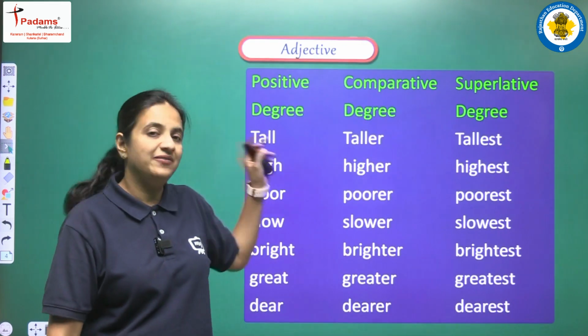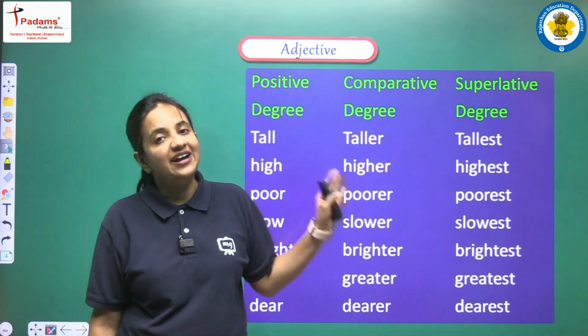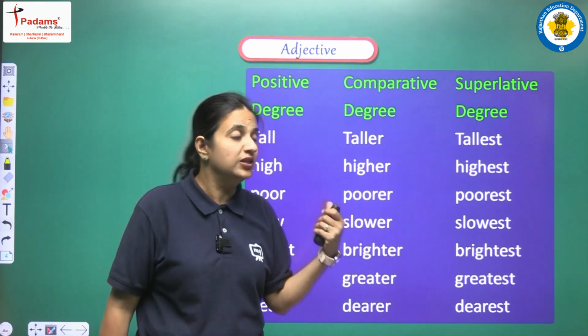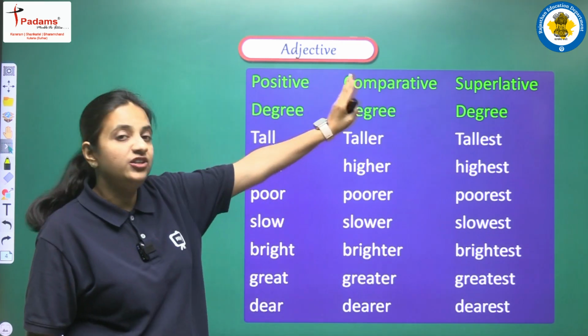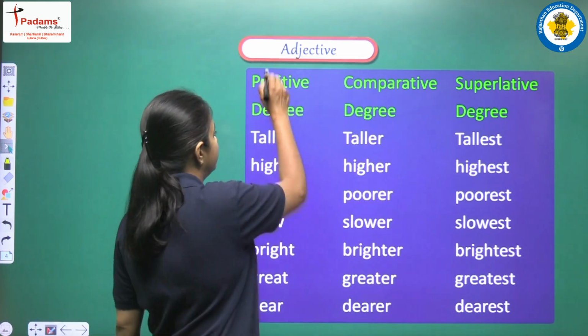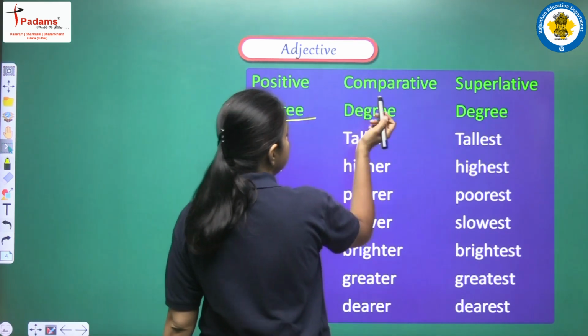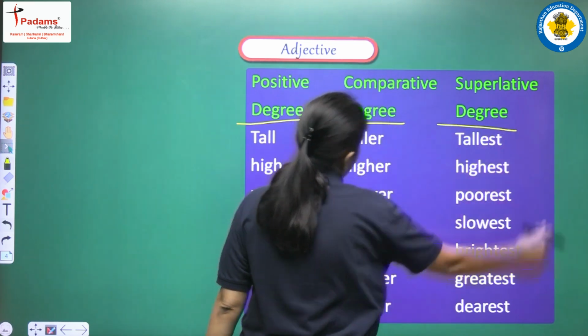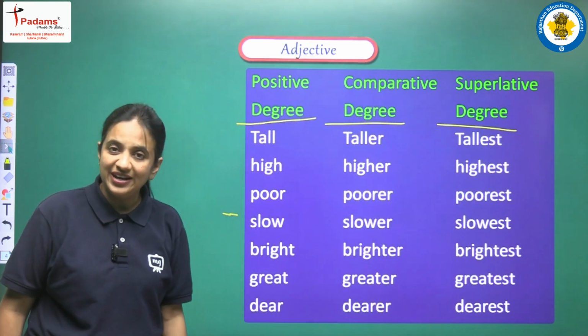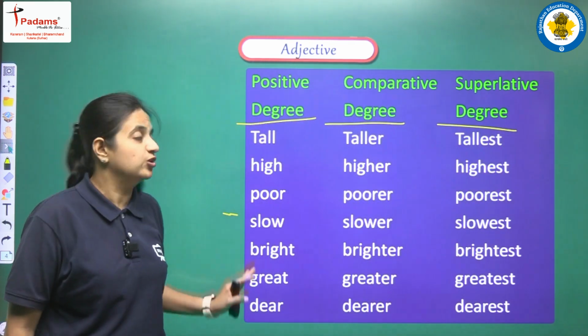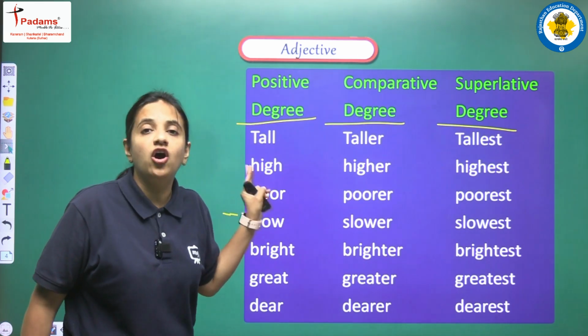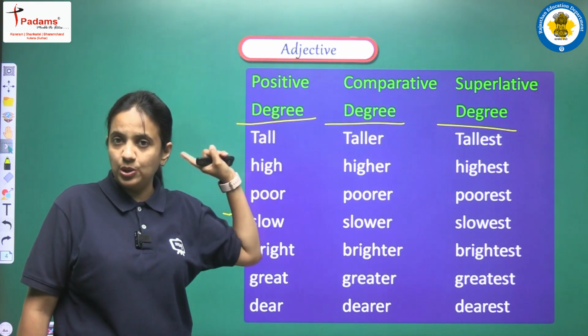And now we have certain words here that are related to this rule. So let's see. We have 3 headings here. The first is positive degree, second is comparative degree, and the third one is superlative degree. So let's have a look. First of all we have tall. Tall is a positive degree word, right?